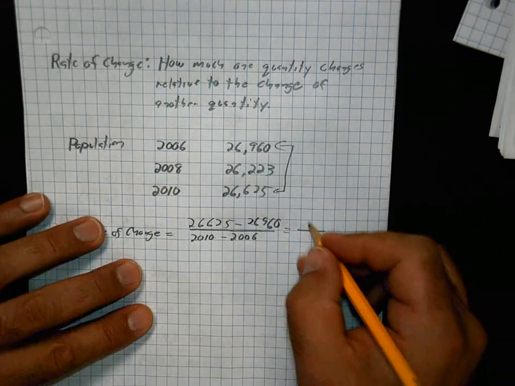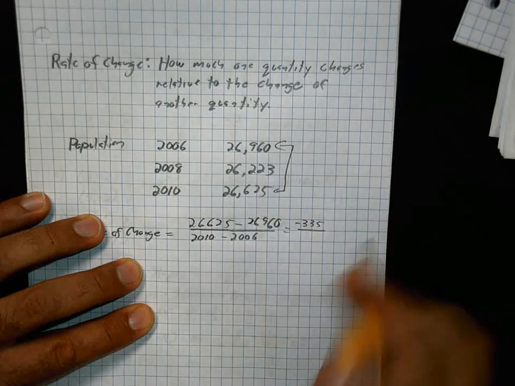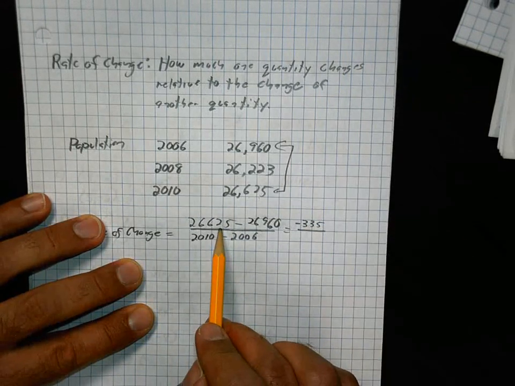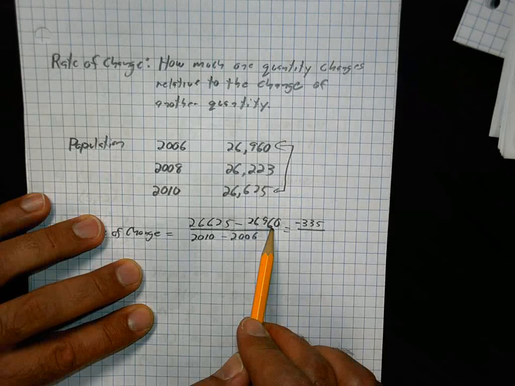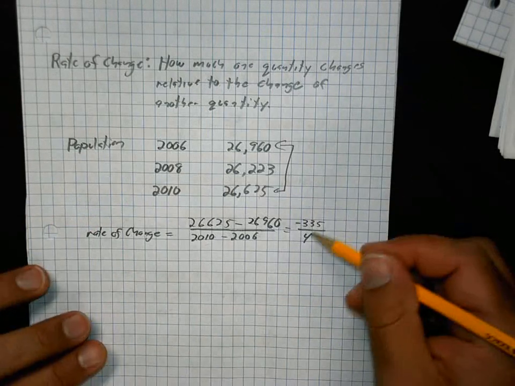So this would be negative 335. Our population dropped 335 in 4 years. So this would be our rate of change.